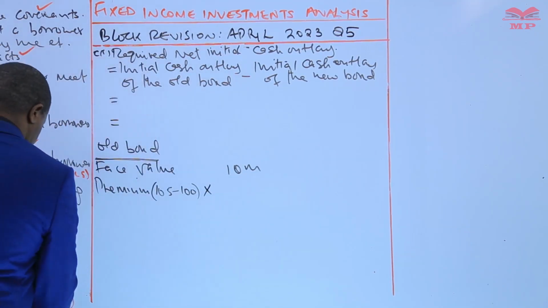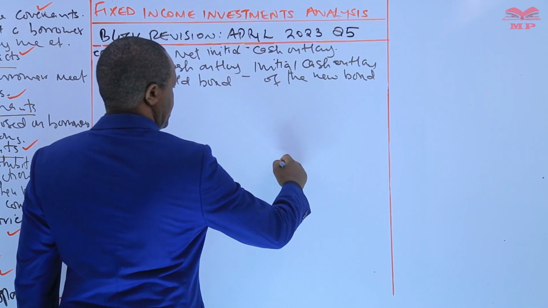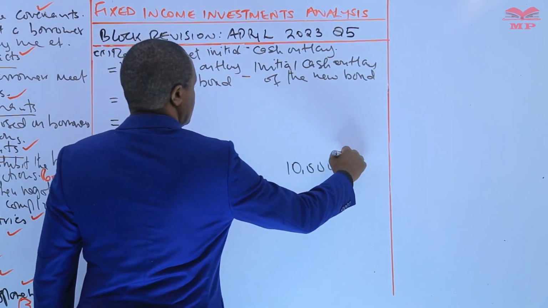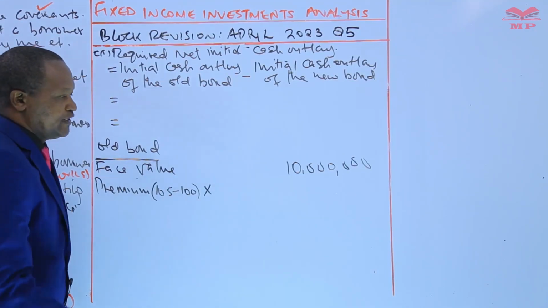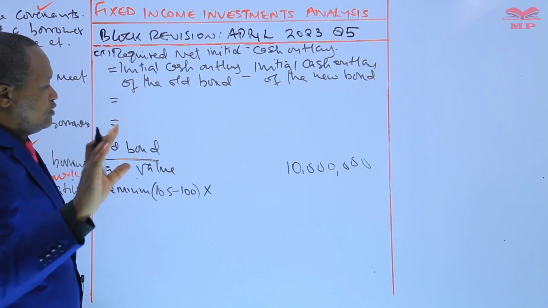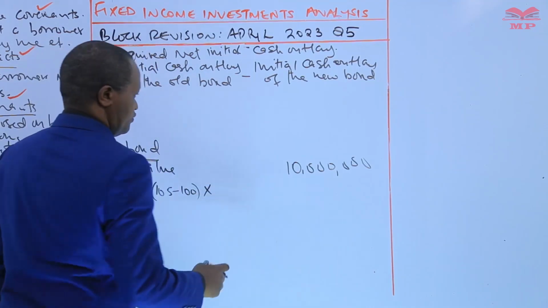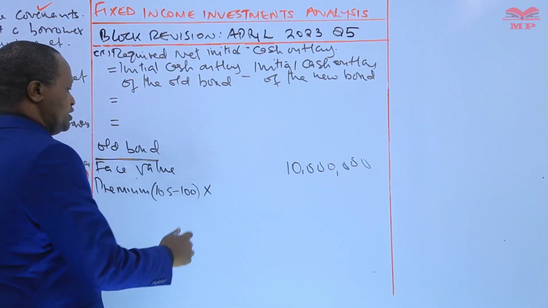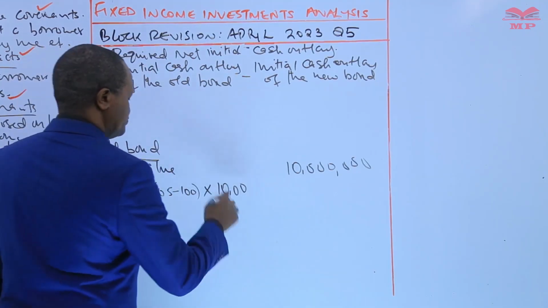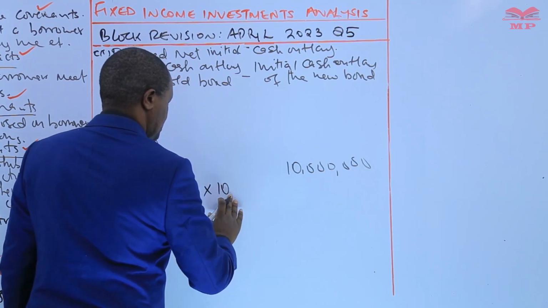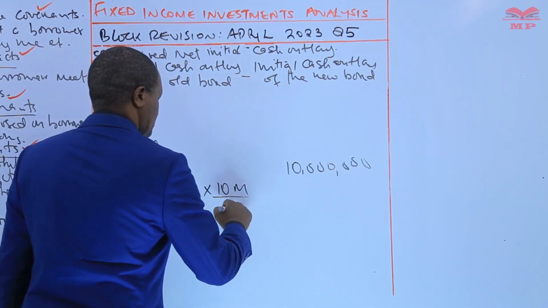The number of bonds: we divide the total value of the bonds, 10 million, by the par value of the bond, which is 100 shillings.